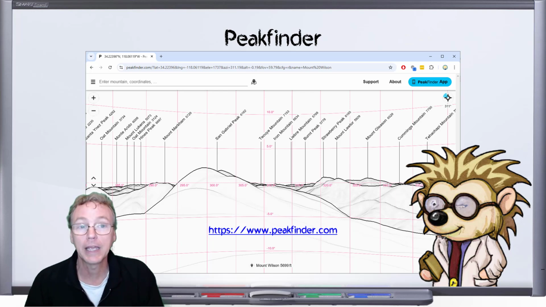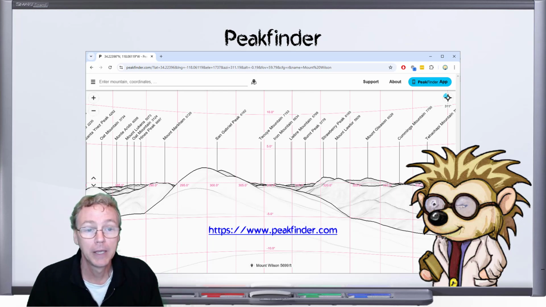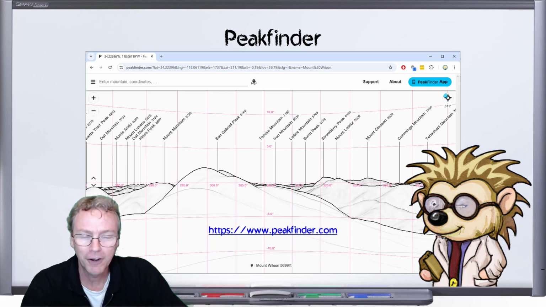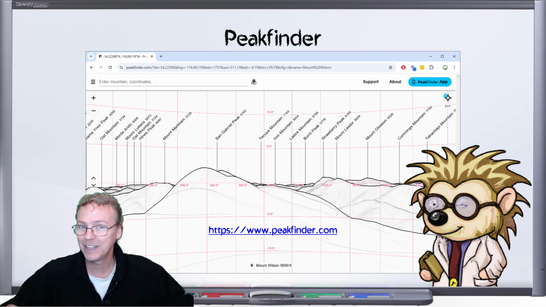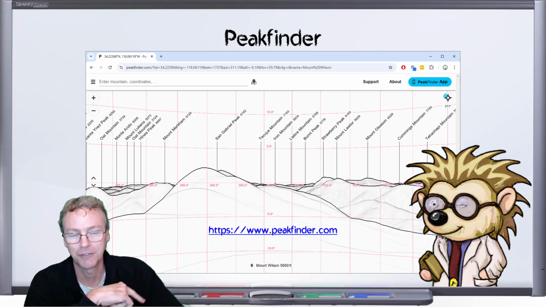Right off the bat, I emphasized that Peakfinder is a simulation. This is not reality. We're just going to look at this one available app to see what it shows us. I want to be very clear that I'm distinguishing that from what the real world is, what we see in photos. We're not talking about that. We're just talking about Peakfinder.